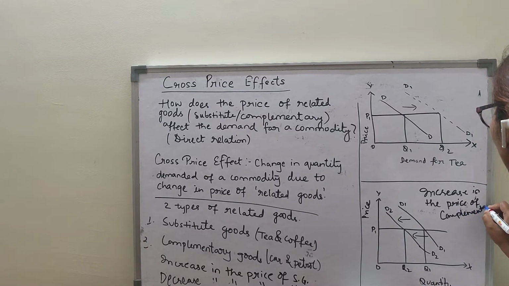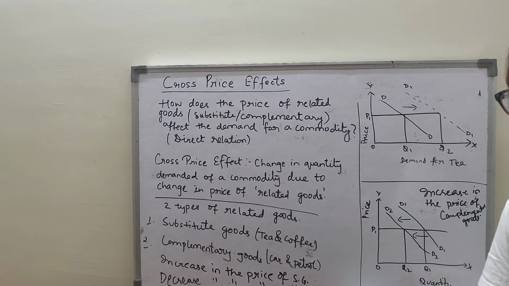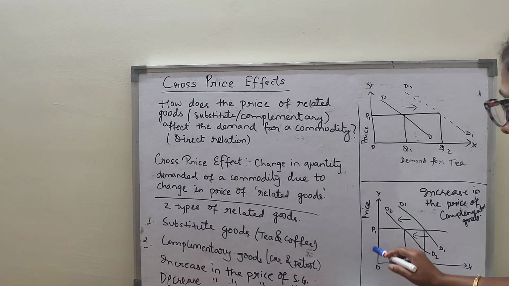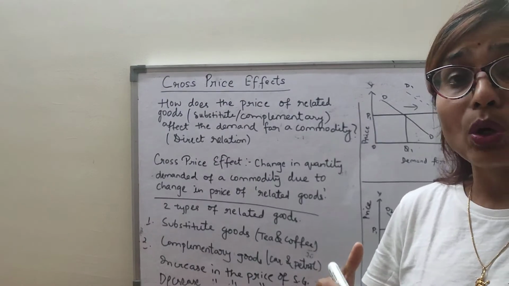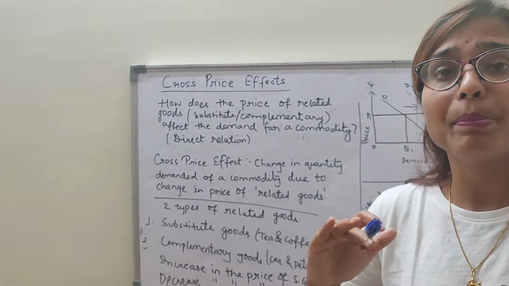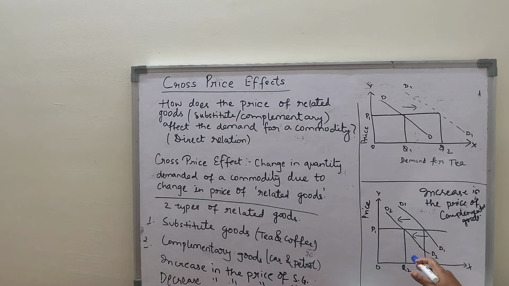Now see what happens. Suppose initially the price of car is OP1. Suppose the Honda car I am taking. Suppose the price of Honda car is OP1 and quantity demanded of car is OQ1. Clear? Now what happens when the price of petrol increases? When the price of petrol increases, consumer demands less of car.